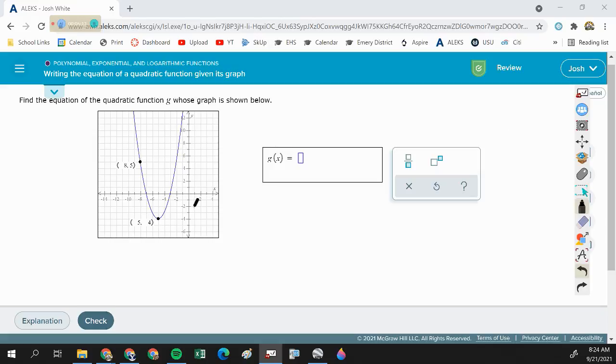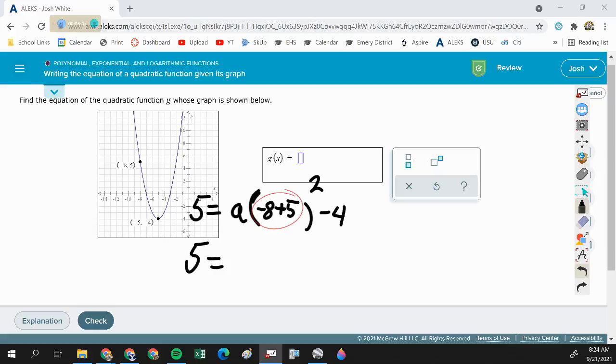All right, so 5 equals a times x. It's x plus 5 squared minus 4. Thank you. So I'm going to put negative 8 in here. Is that better? Yes, it is. So this is negative 3, and negative 3 squared is 9.